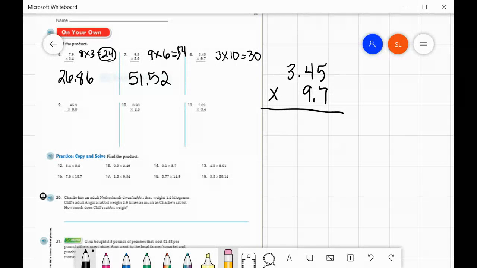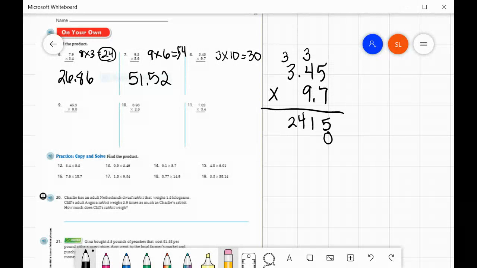Okay. So 5 times 7 is 35. Carry the 3. 4 times 7 is 28. 29, 30, 31. Carry the 3. 7 times 3 is 21, plus 3 is 24.